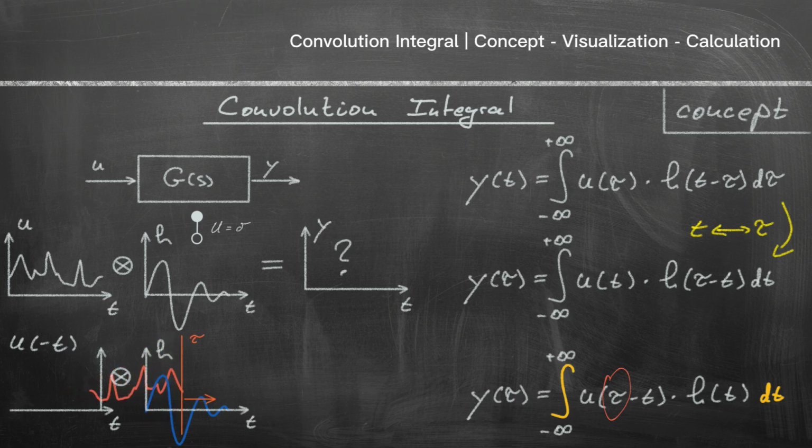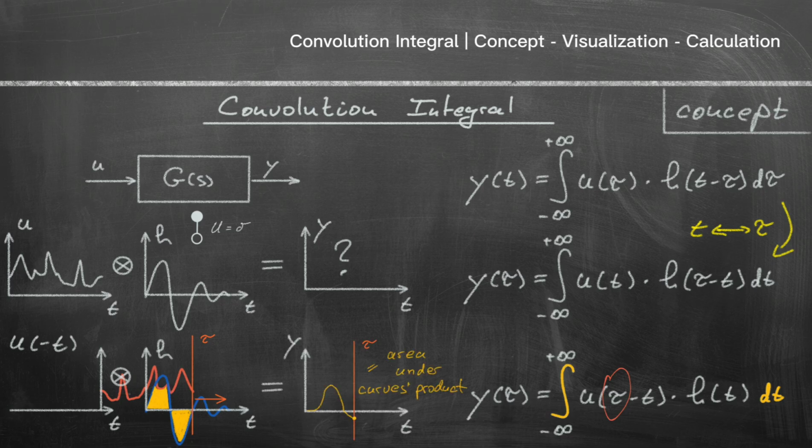The signals overlap, and the area under the products of the signals becomes a scalar value. That value is written into y at the position corresponding to tau. It is simply the area under the products of the two curves. That is essentially the simplified description of the convolution integral.